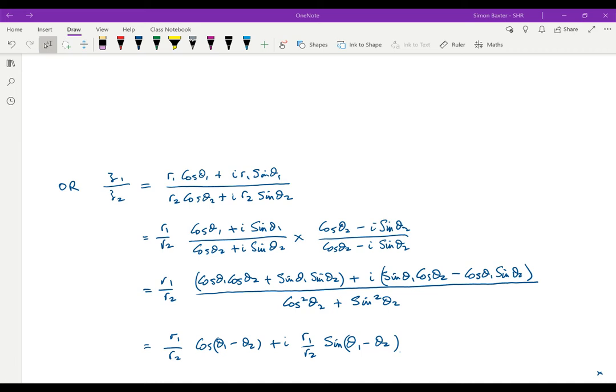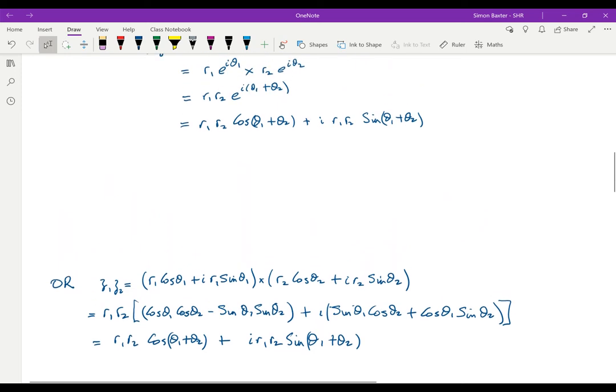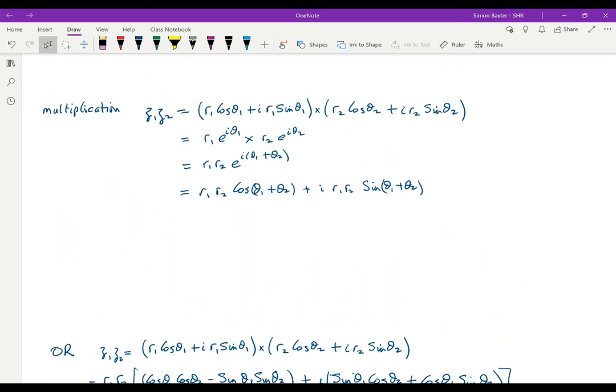I want to draw your attention to two things here. One, when you're multiplying two complex numbers, one with modulus r1 and one with modulus r2, they have modulus r1 r2. So the modulus of z1 z2 is mod z1 times mod z2.